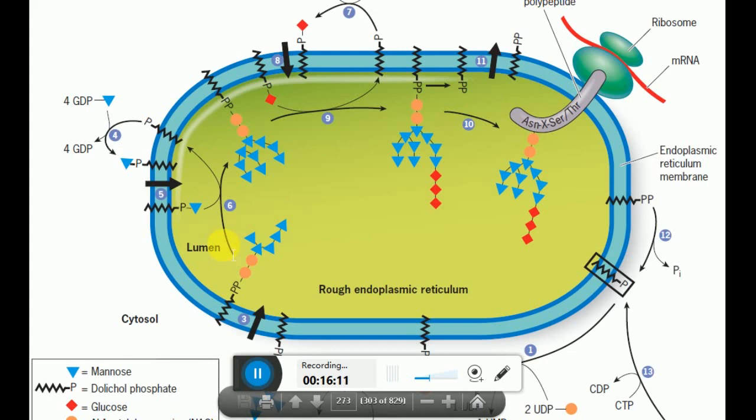Okay, so now here comes the answer to what we are trying to get at, right? Here you can see there is a cell. This is not a cell actually, this is the endoplasmic reticulum lumen. I mistakenly said it is a cell.